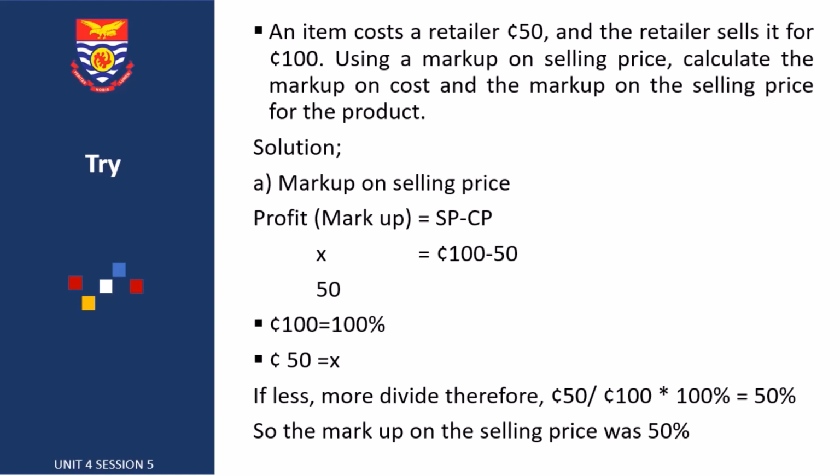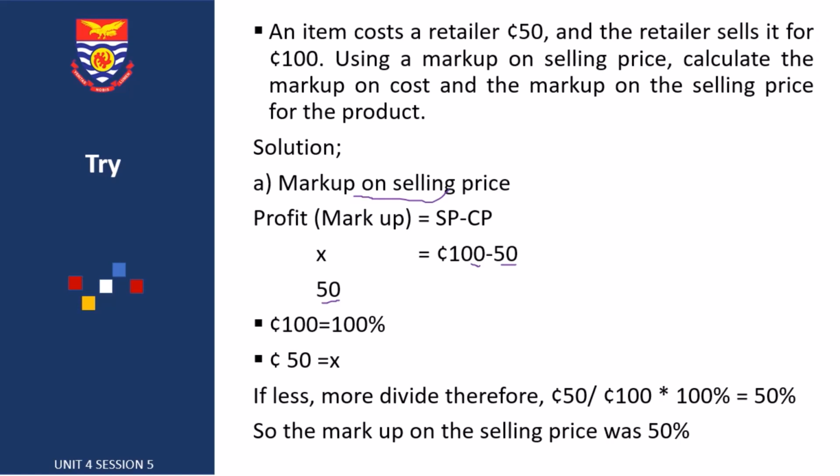So the first one has to do with the markup on selling price. We try to look for the profit element just as we did. It is the selling price minus the cost price, which is 100 minus 50, which gives us a profit element of 50.